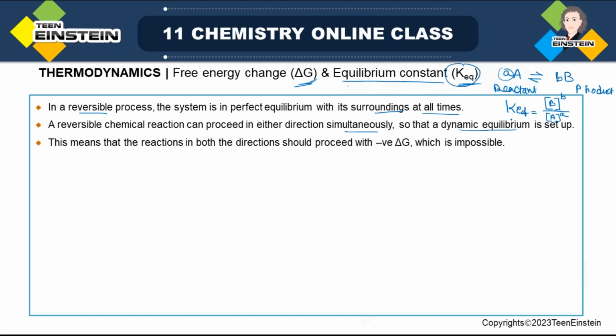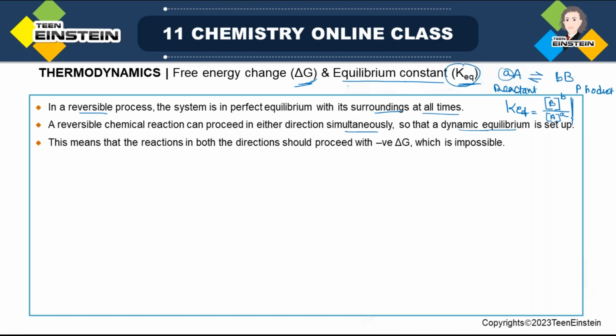So it is dynamic, it is not static equilibrium. But the point is, though they are moving in both directions, A is converted to B, B is converted to A, the relationship, concentration of B to the power b divided by concentration of A to the power a, is always constant. But there is a dynamic equilibrium.